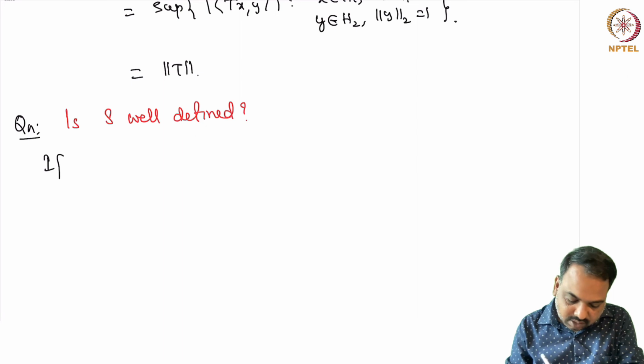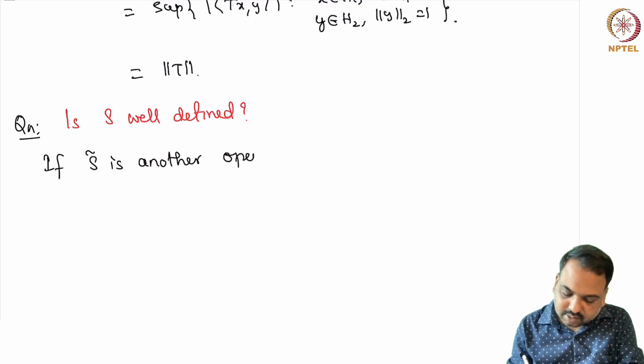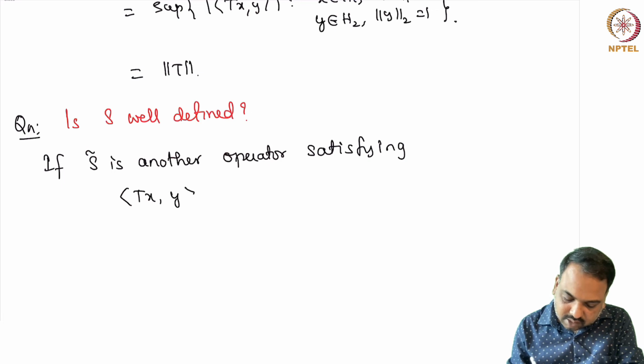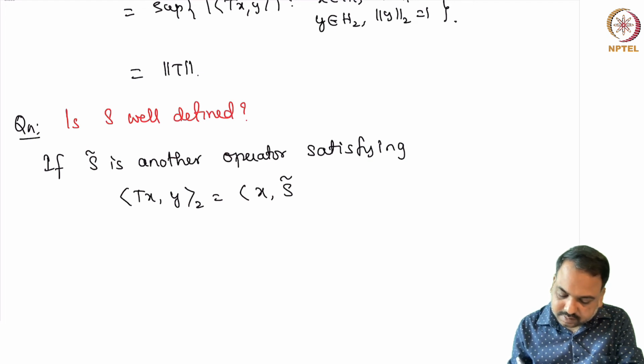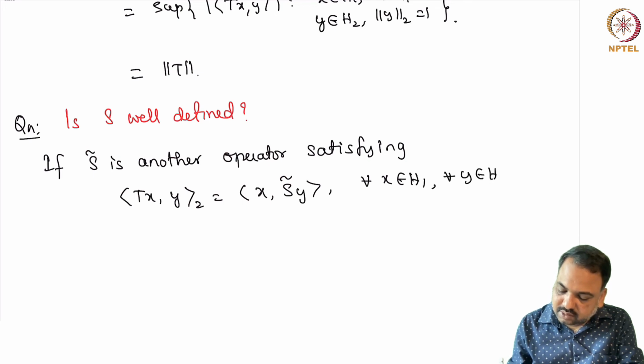Suppose S tilde is another operator satisfying the inner product of Tx with y equal to the inner product of x with S tilde y, for every x in H1 and for every y in H2.